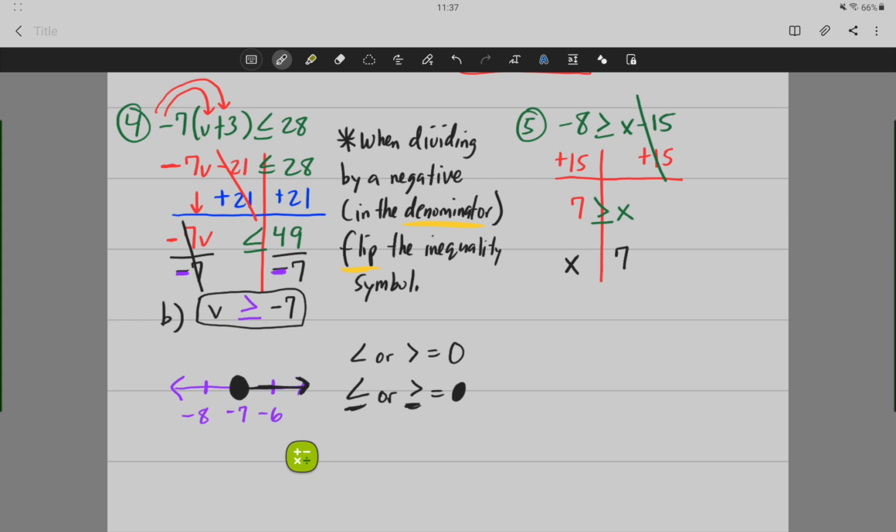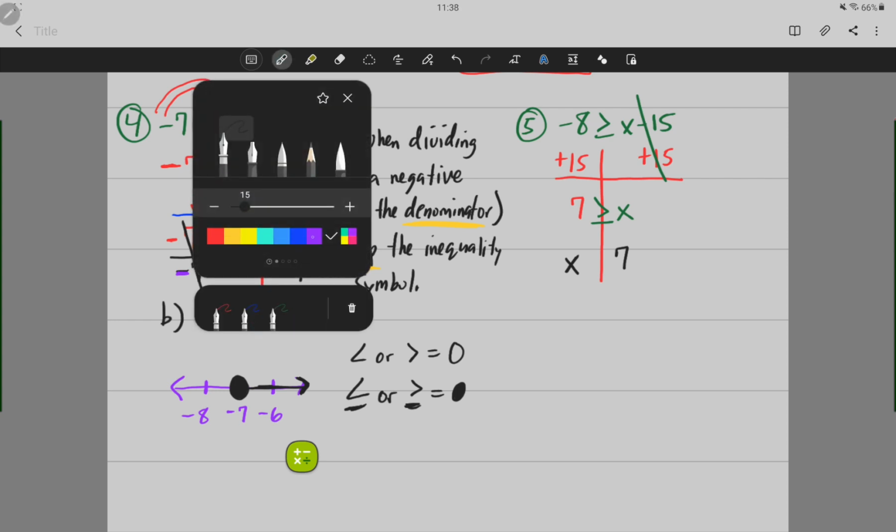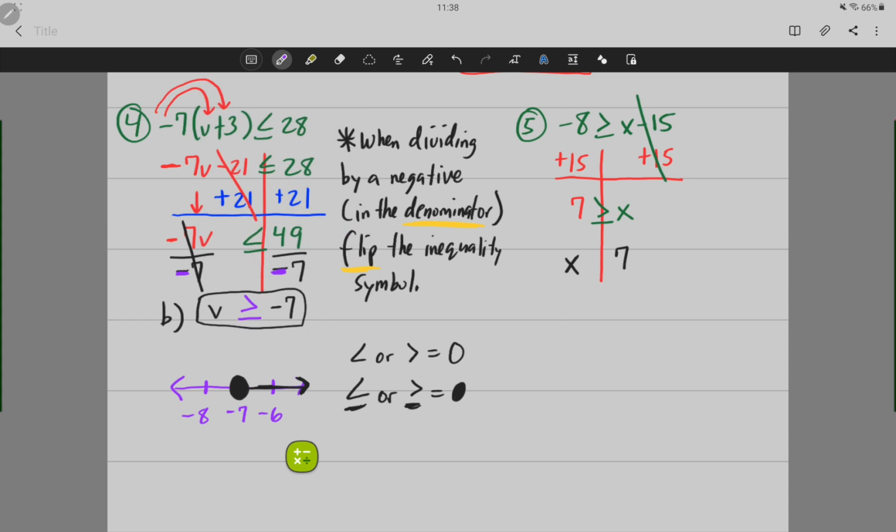So now when we flip the places of the variable and our constant, we also have to flip our inequality symbol. So instead of greater than or equal to, it's now going to say less than or equal to. So now our inequality reads x is less than or equal to 7, which is choice B.